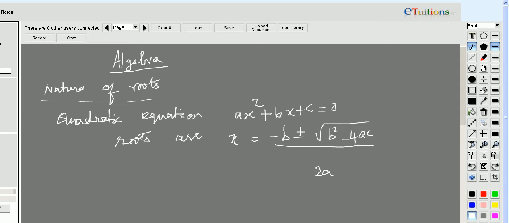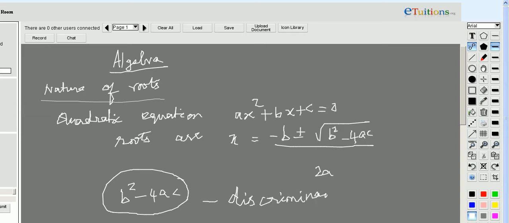The nature of the roots depends on the value b squared minus 4ac. The value of the expression b squared minus 4ac discriminates the nature of the roots, and so it is called the discriminant.